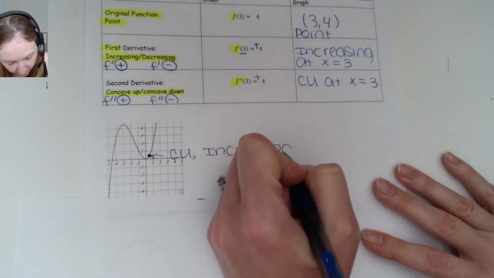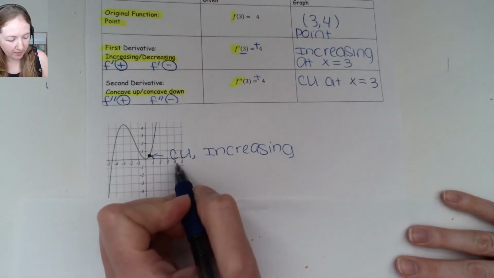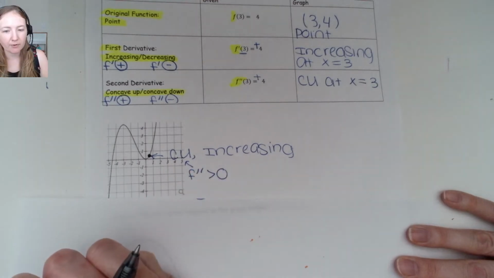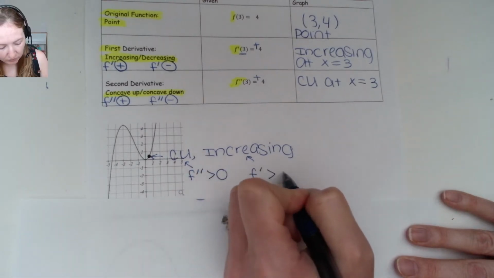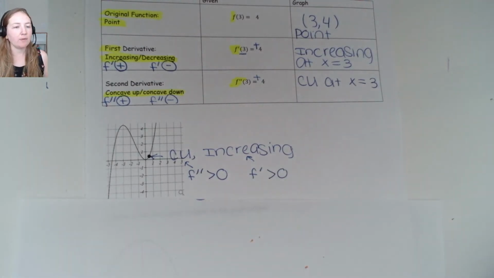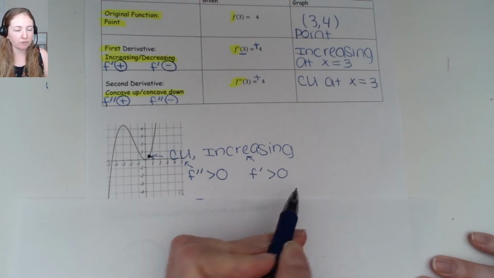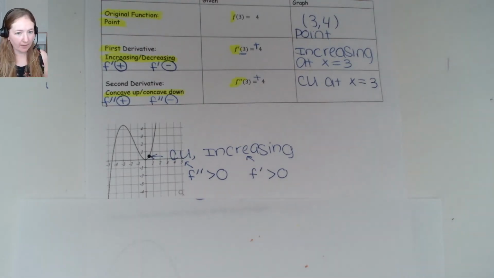So relating that back to the derivative, that would tell us that if it's concave up, our second derivative is greater than 0. And if it's increasing, our first derivative is greater than 0. So at this point, we know that the second derivative is greater than 0, and the first derivative is also greater than 0.